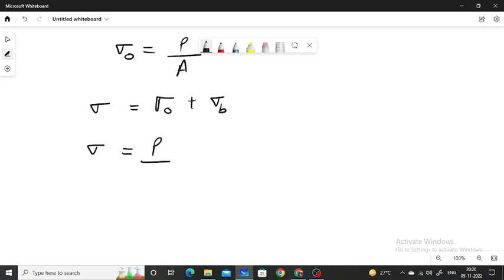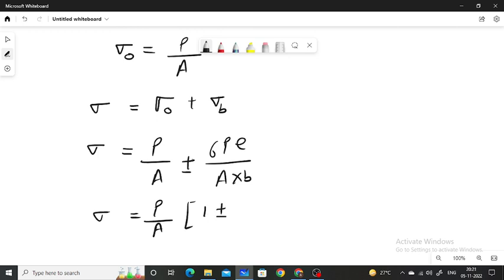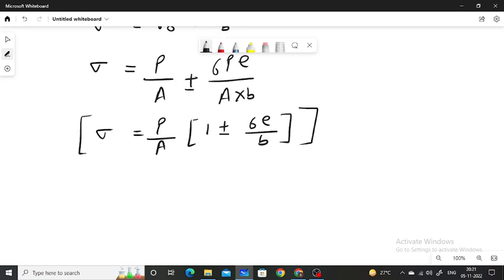Direct stress is P by A, bending stress is plus minus 6 P E upon A into B. So total stress will be equal to P by A times 1 plus minus 6 into E by B. So this will be the total stress induced in this short column having eccentricity from the y-axis.